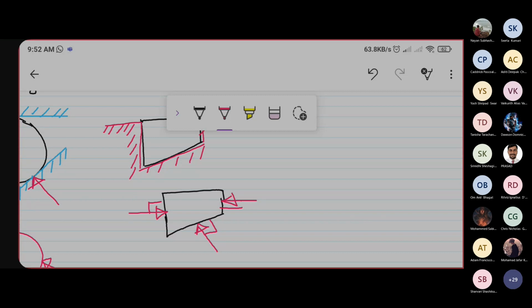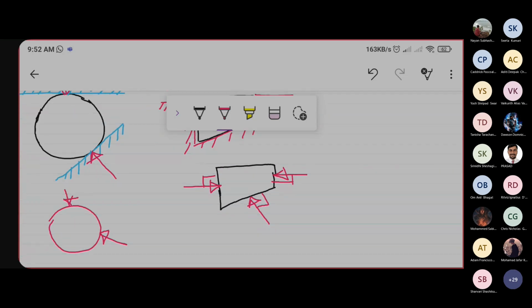All are 90 degrees. Remember. So this is how we draw a free body diagram. First, you get a free body diagram, then you can solve any problem.